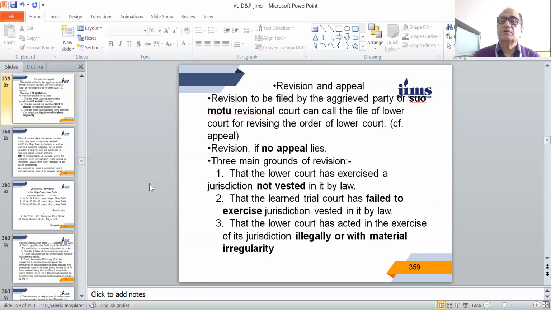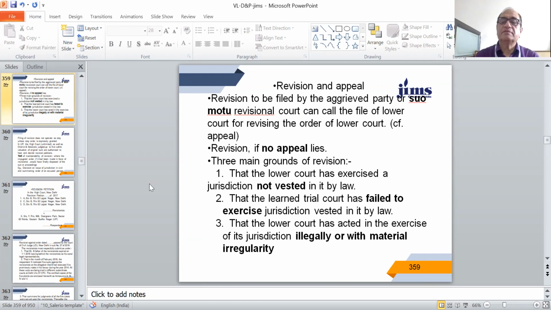Then coming to the present lecture of drafting of revision, dear students, you should know that revision can be filed by the aggrieved party, or it can be undertaken suo motu by the revisional court, and the revisional court can call the file of the lower court for revising the order of the lower court.